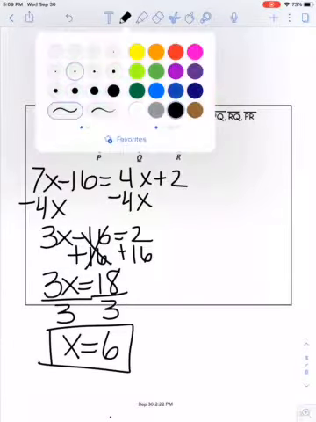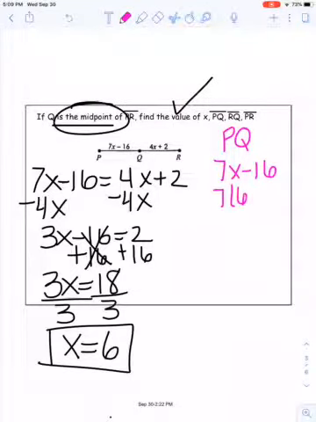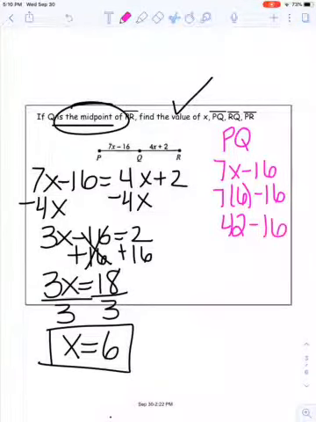Now I want to find PQ, RQ, and PR. So I'm going to start with PQ. PQ is 7x minus 16, so I'm going to plug in 6. When I do that, I get 42 minus 16, and then I get 26.